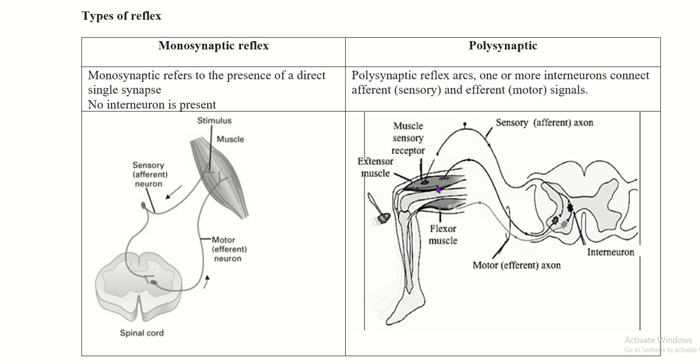So separate groups of muscles are stimulated by the same reflex. Here the knee, this is an example of polysynaptic reflex. This is the knee jerk. When the patellar ligament is tapped here, contraction of the extensor group of muscles and contraction of the flexor group of muscles occur.